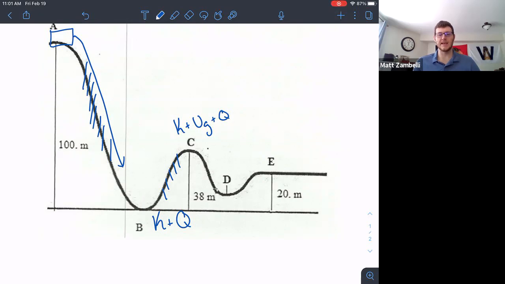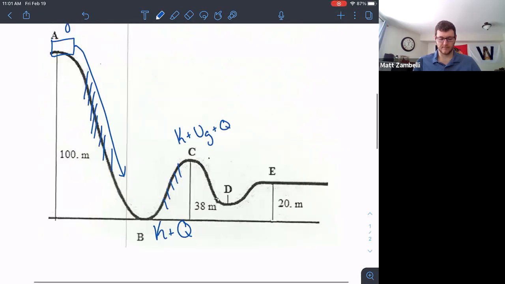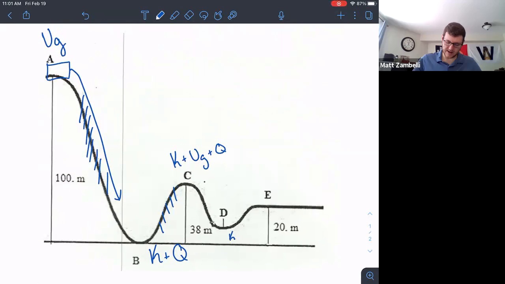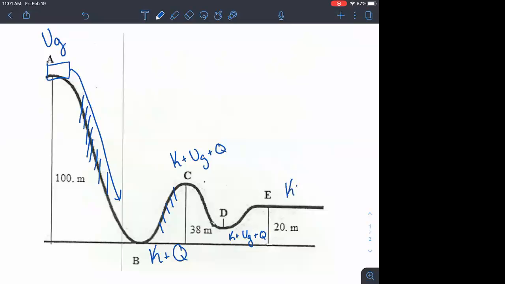All right, what about at D? All three again. And what about at E? All three again. Perfect.